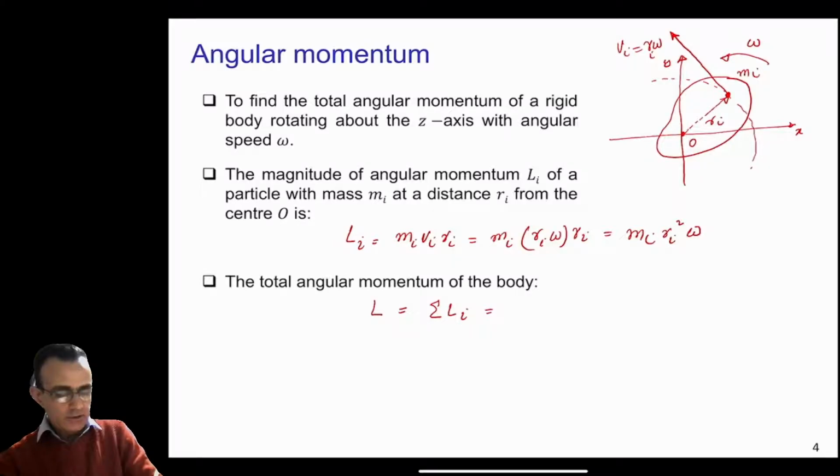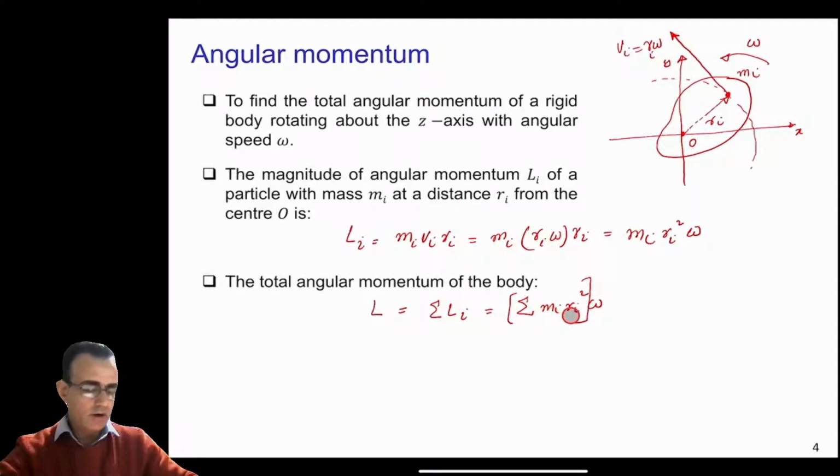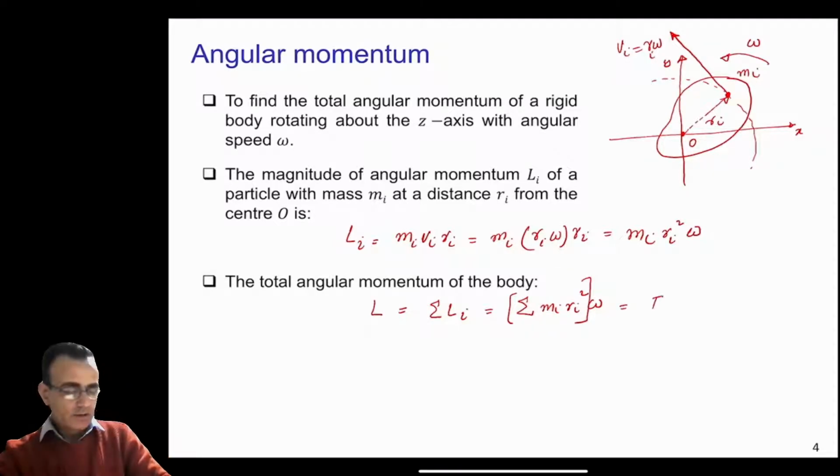So this will become sigma mi ri square omega, and we know that this term, the summation of mi ri square, is the second moment of mass, which is what we know as the moment of inertia. So this will become I omega.